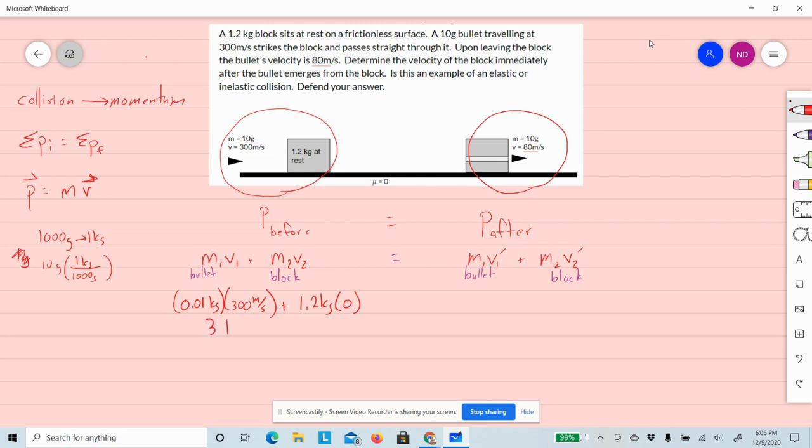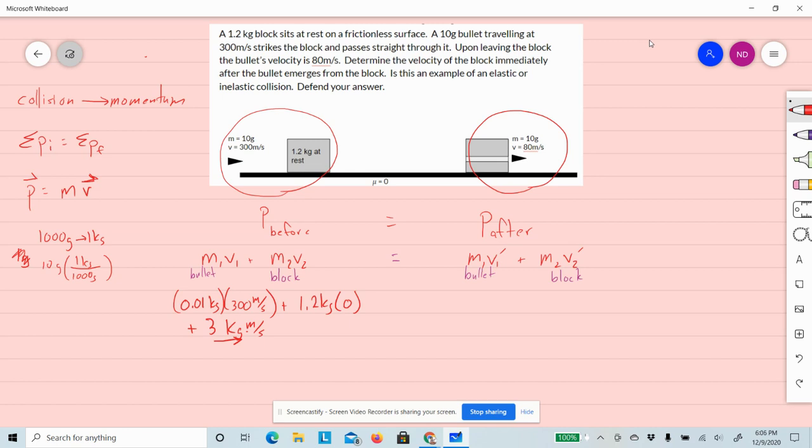We get 3 kilogram meters per second, and it's positive because it's to the right, plus 0. That's the momentum before. So the momentum after has to sum to 3 kilogram meters per second to the right.